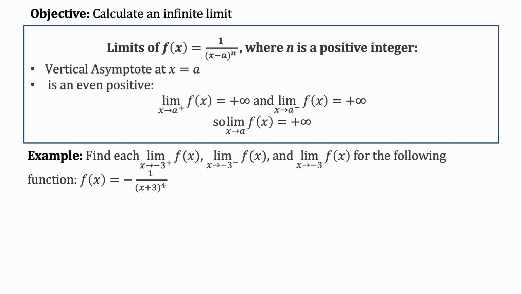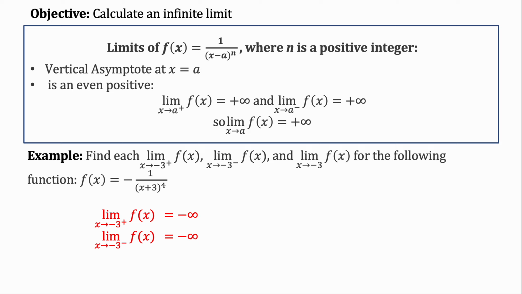So we've got an even positive power. We should expect that both ends go in the same direction. But with that negative in front, instead of them going up to positive infinity, it's going to flip them down. So as we approach negative 3 from the right, we go down to negative infinity. As we approach negative 3 from the left, we're also going down to negative infinity.